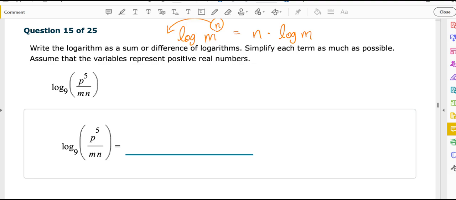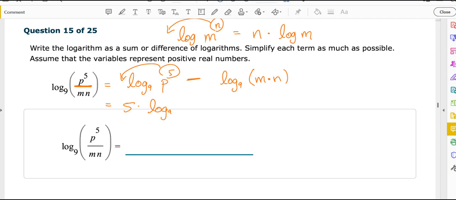I'm going to get rid of that division first by doing log base 9 of p to the 5th minus log base 9 of m times n. Okay, that p to the 5th, I don't like that exponent there. I'm going to bring it out front. So I get 5 times log base 9 of p minus, all right, I see a product in there.